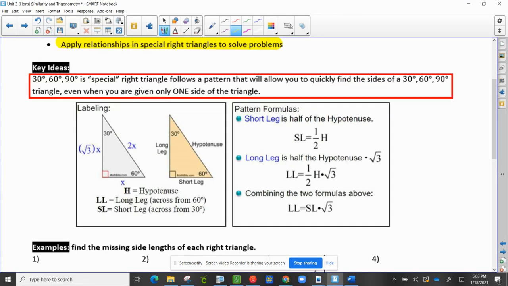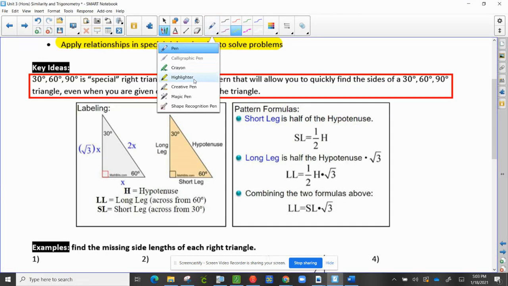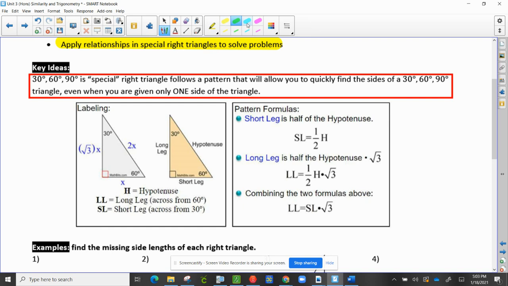So let's talk about the patterns with these 30-60-90 triangles, because it's different than the 45-45-90. We always call the side across from the 30 degrees, so the short side, our x side. And then the hypotenuse is always going to be 2x, so 2 times whatever the short side is.